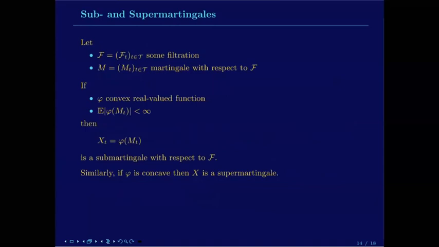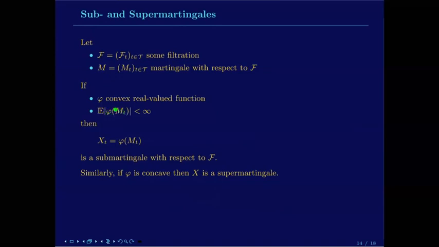One way we can easily construct sub or supermartingales from a martingale is by means of Jensen's inequality. So suppose we have a filtration and a martingale with respect to the filtration, and a convex real-valued function, and we apply that function to this martingale. We assume also that the mean of the absolute value of the convex function of M_t exists.